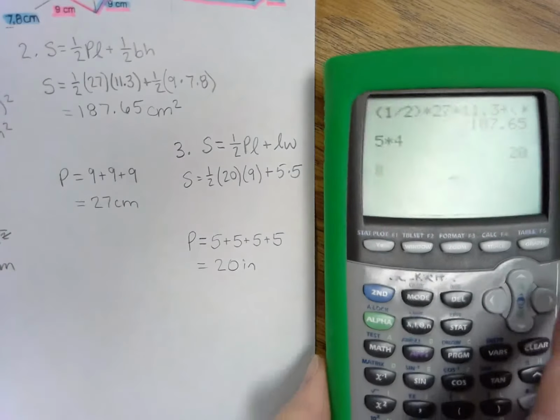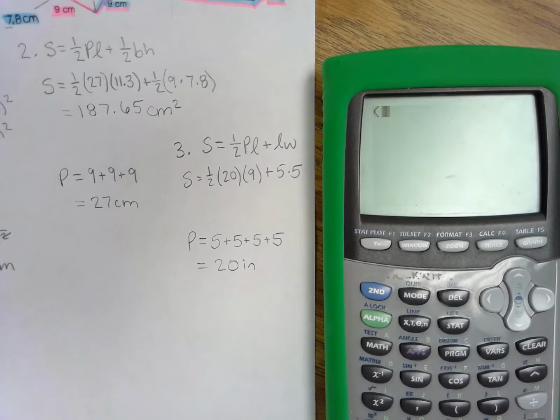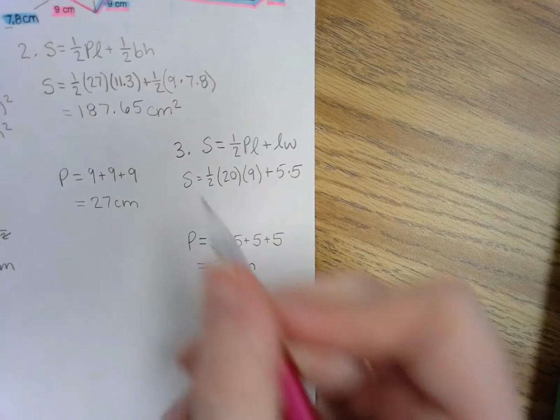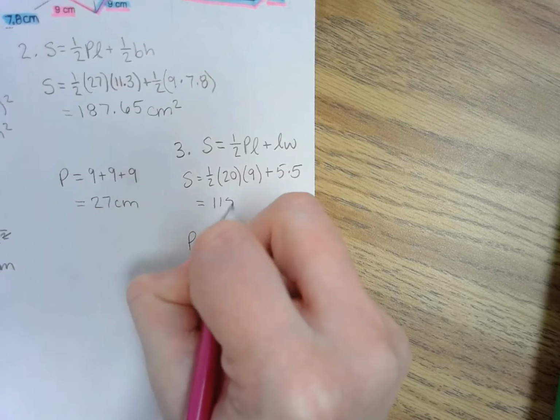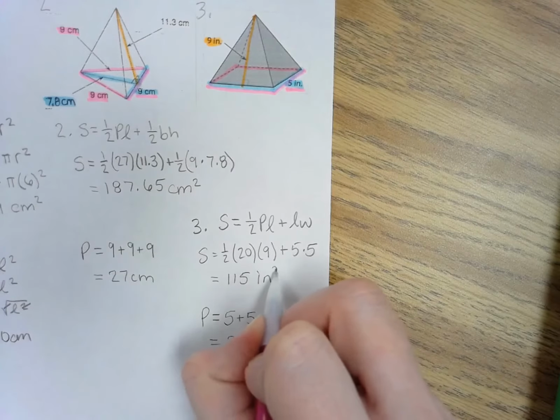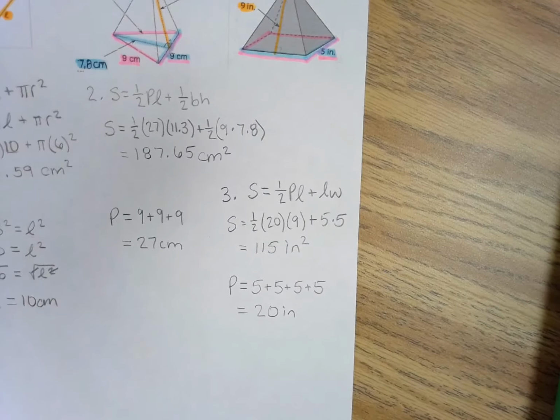So calculate that surface area. We have 1/2 times 20 times 9 plus 5 times 5. 115. We're in inches. Because we're calculating an area, it's squared inches.